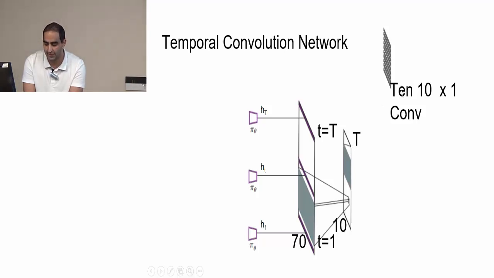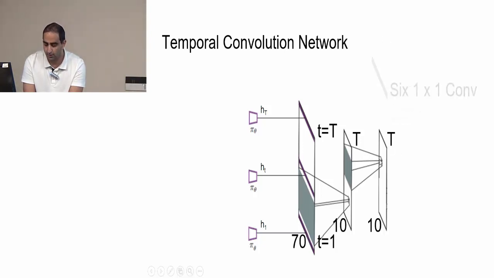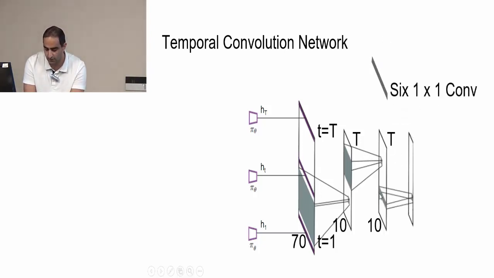Because we apply 10 masks, the next layer also has length 10, and the time steps are again capital T because of the same padding. Then we use 6 1 by 1 convolutions. A 1 by 1 convolution just looks at one time step at a time and calculates the corresponding output. And because we again use 6 masks, the output length should be 6 and its height should be capital T.